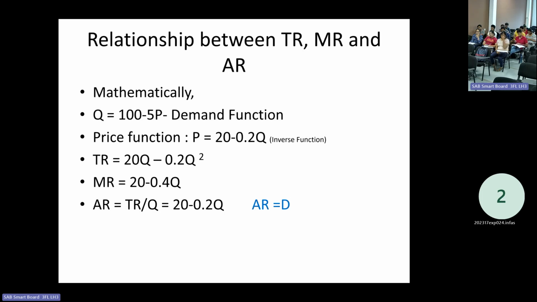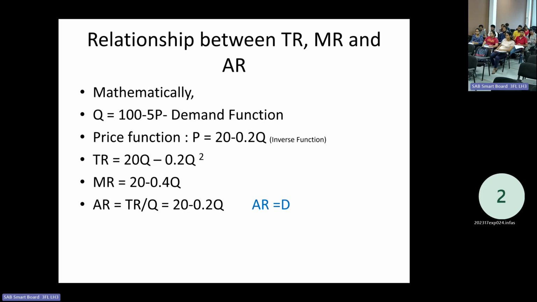Then total revenue becomes 20Q minus 0.2Q squared. That is our total revenue function.